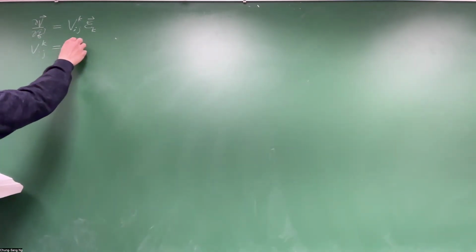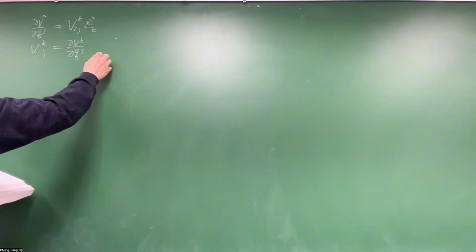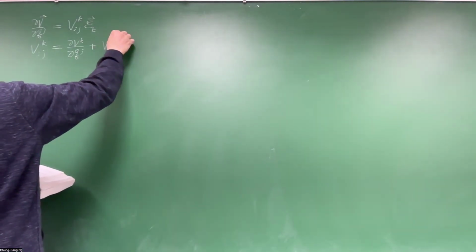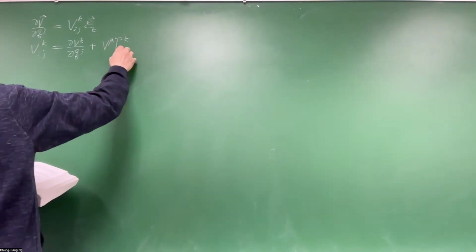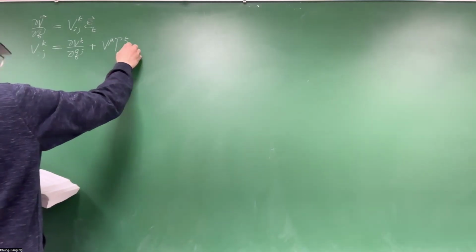So this covariant derivative is itself defined by the k component, v^k comma j, and then add another term, v^mu times gamma^k with indices j mu or mu j.